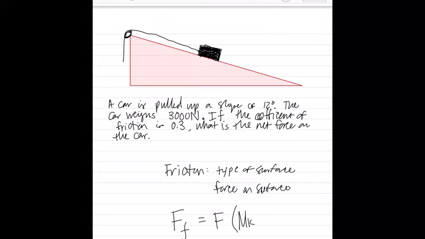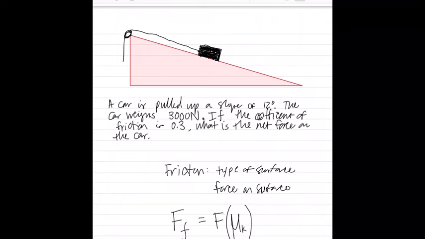Now I know that looks like a ridiculous M. Let me draw this better. The force applied to that surface, and that is a Greek letter mu. So frictional force is equal to the force applied to that surface times the coefficient of friction of that surface. Basically this is the force here, and this is the type of surface. Now there is a numerical value for surfaces.